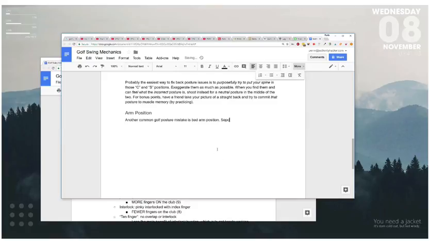Specifically, usually errors of arm position occur when you either reach too far forward or pull the club too far back.